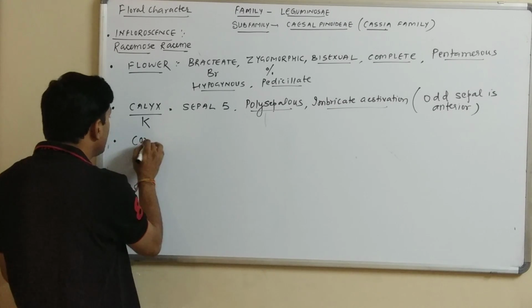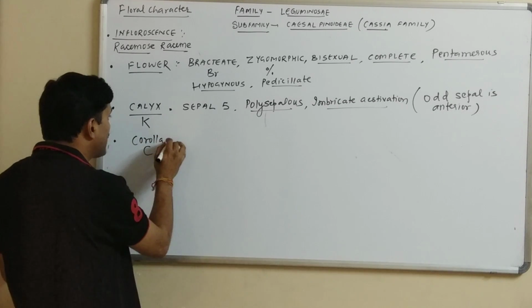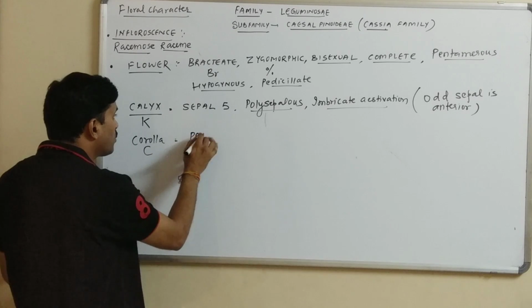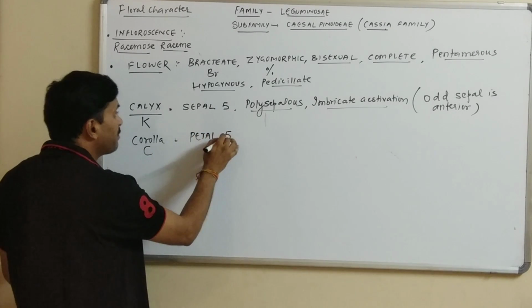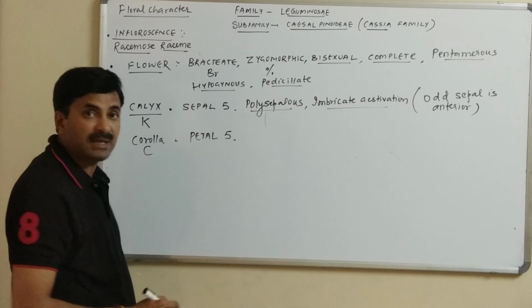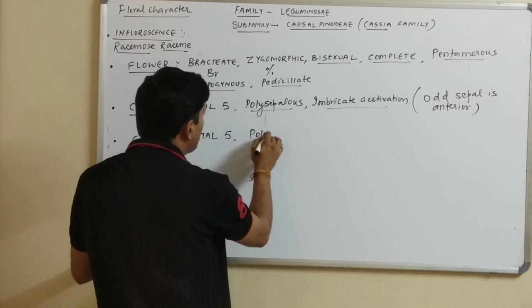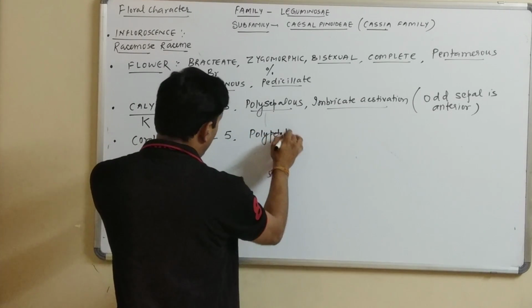Now let's have a look at the corolla. Corolla is denoted by C, and the unit of the corolla is the petal. The number of petals is 5, and here the polypetalous condition is found.